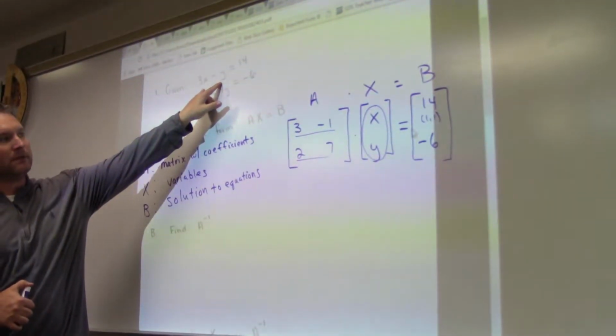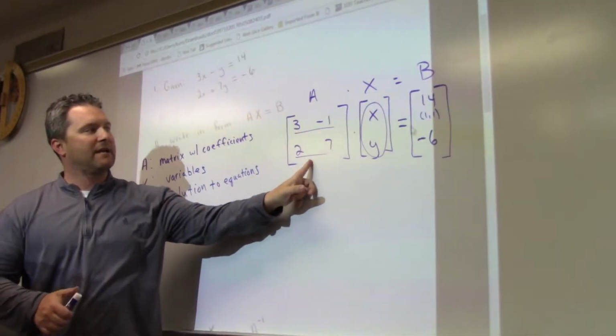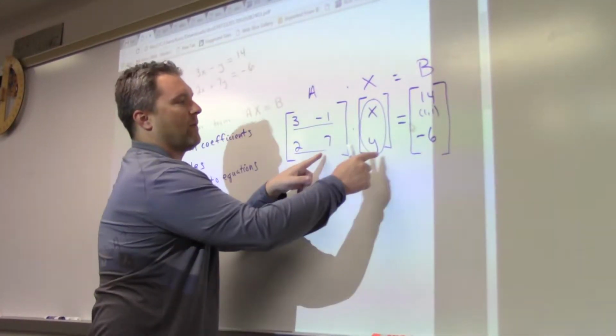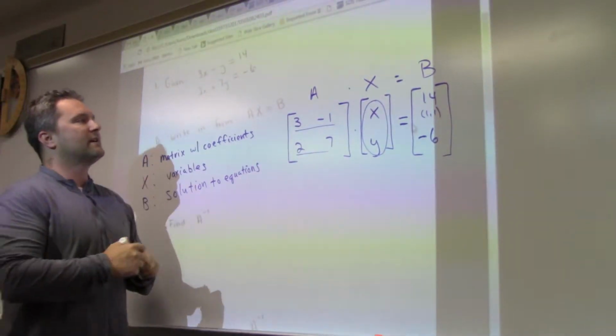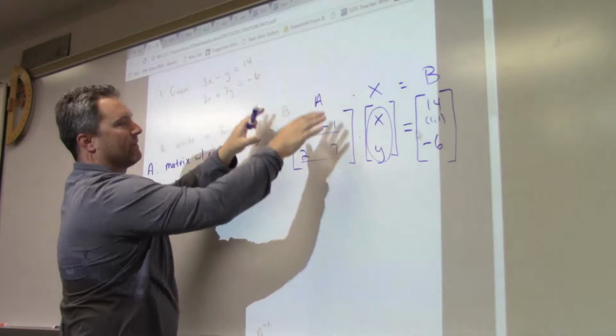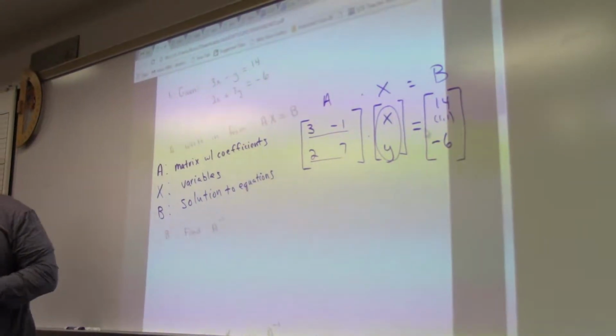Boom. What would this one be? 2x plus 7y equals -6. So all this is the other way of writing this equation with matrices. Clear? All right.